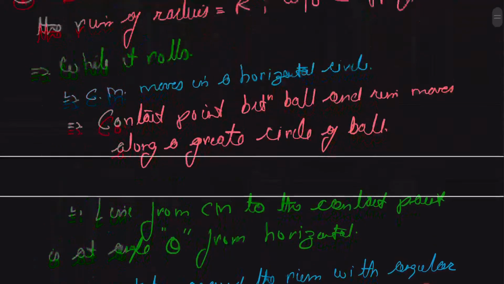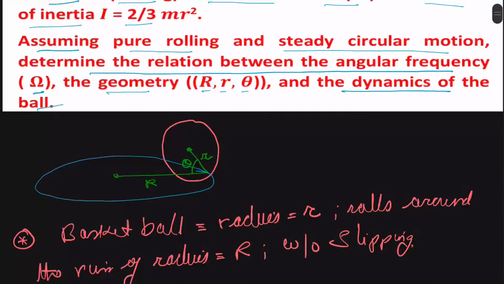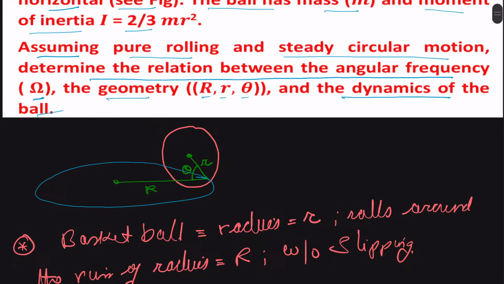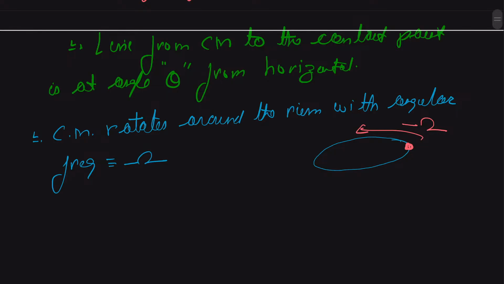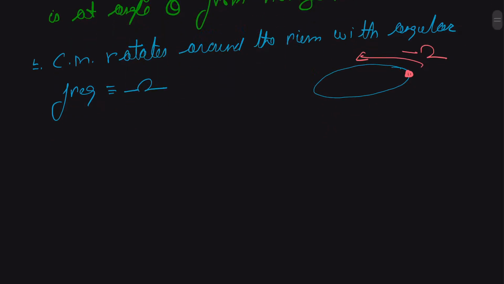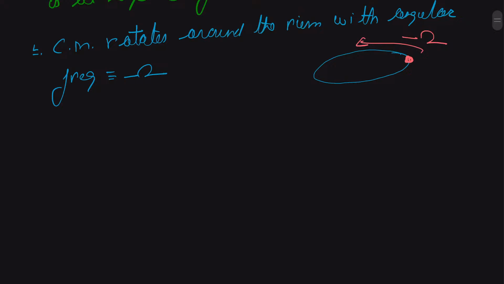We have to find this omega by analyzing the motion of this basketball in a rotating reference frame. Let me put it here, and later on we can discuss its significance, because we have to change the frame of reference.